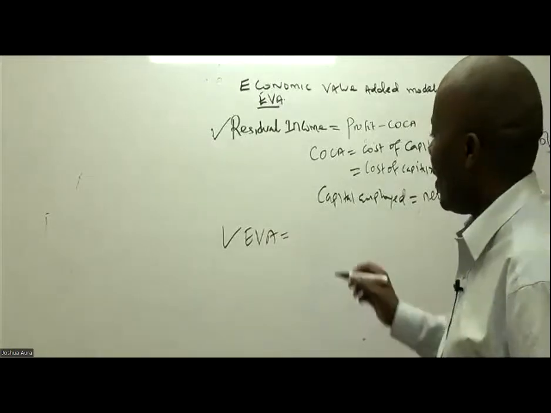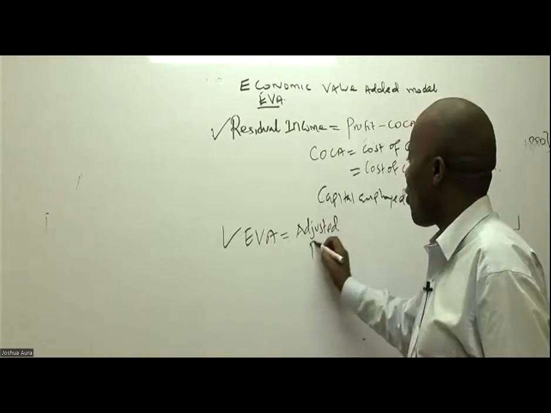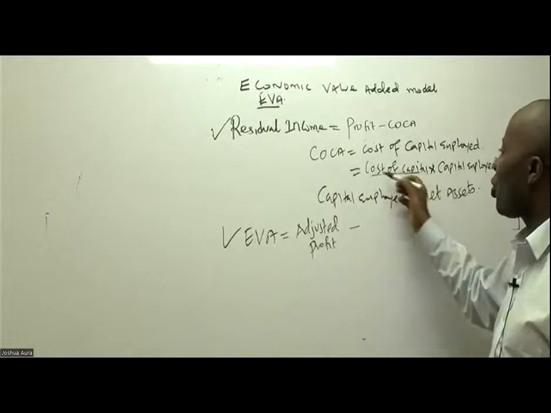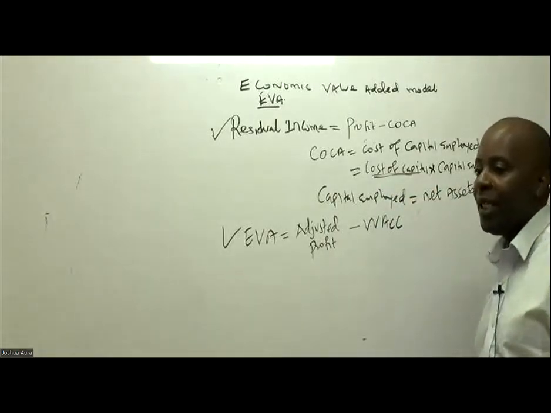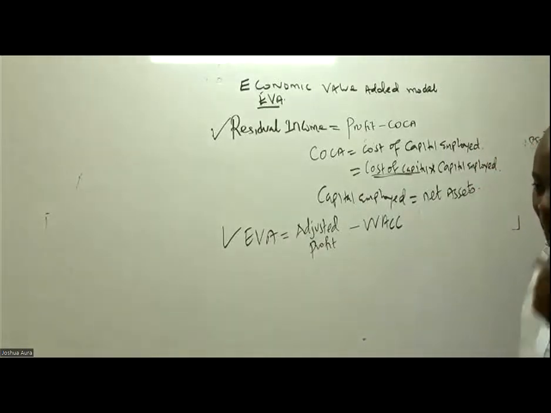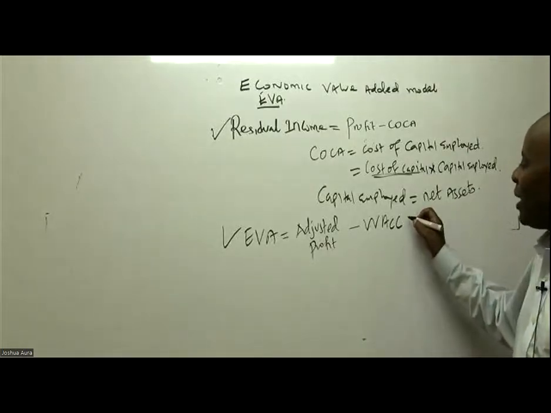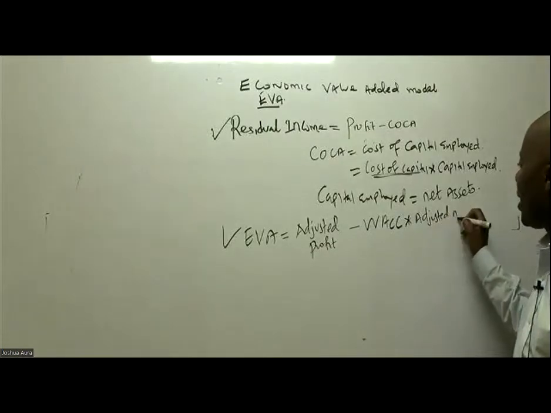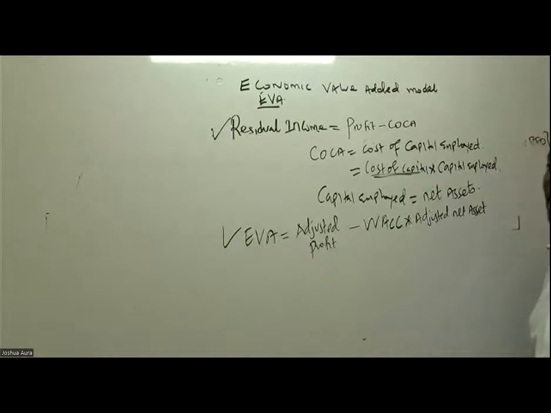So basically, EVA will be adjusted profit minus, instead of cost of capital, we prefer using WACC, unless they don't give us WACC. So it shall be WACC times adjusted net assets, or adjusted capital employed.